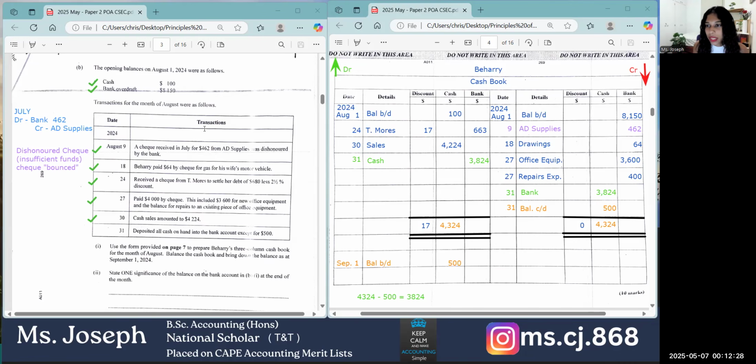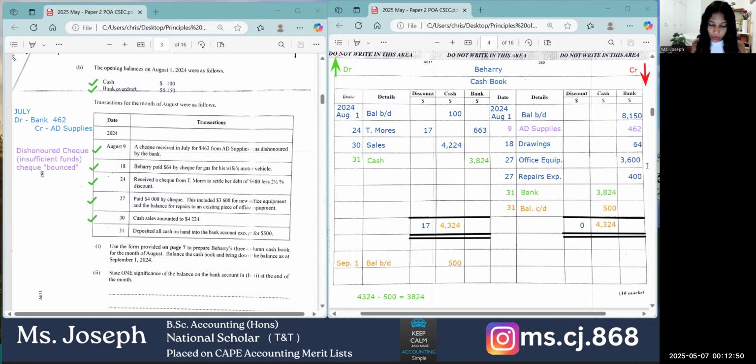All right, next up, let's balance the bank. So what we need to do is we need to add up the debit side, add up the credit side, and figure out which side is greater. So the greater side looks like it's going to be the credit side. Let me use my calculator to work this out.